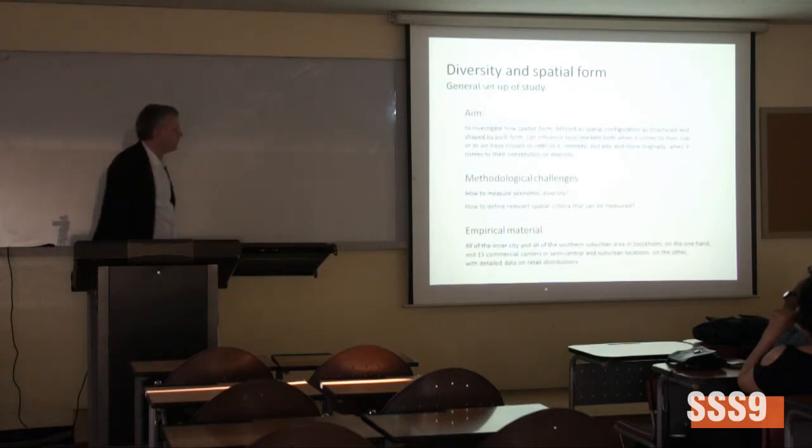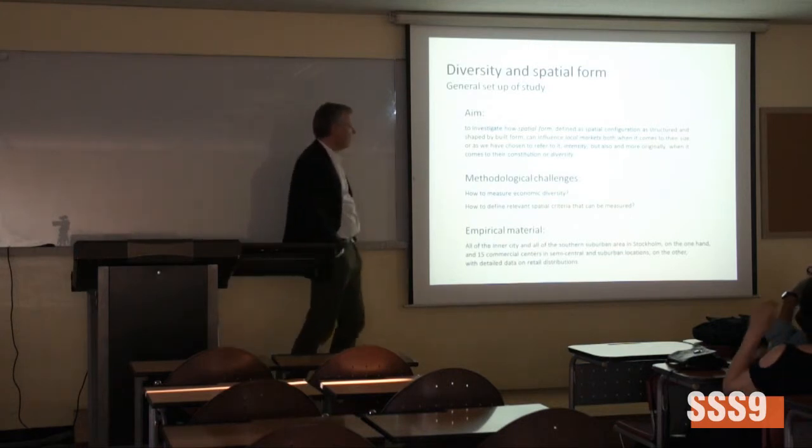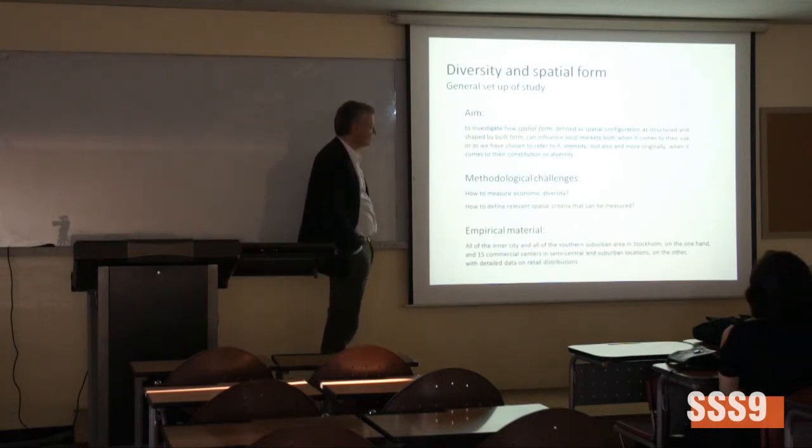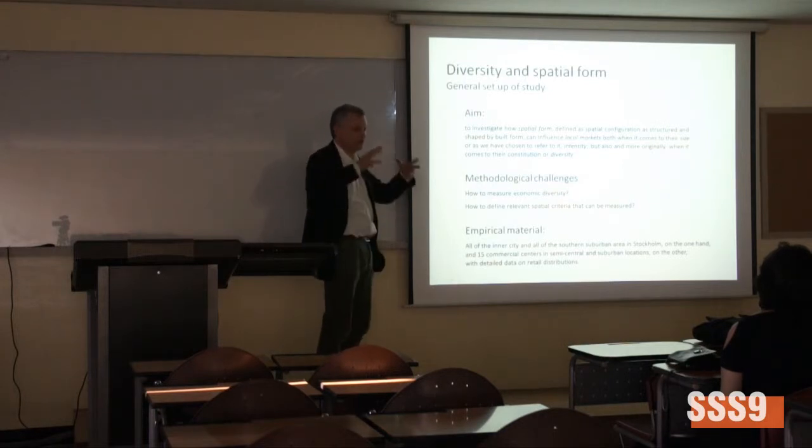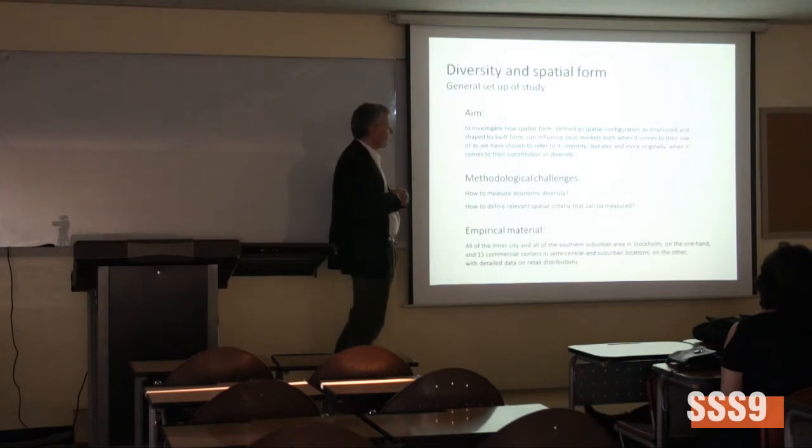So in this study, the more general aim is to investigate how spatial form, defined as spatial configuration as structured and shaped by built form, can influence local markets, both when it comes to their size, or as we have chosen to refer to it in the text, the intensity of the local market, but also, and maybe more originally, when it comes to what we call their constitution or diversity.